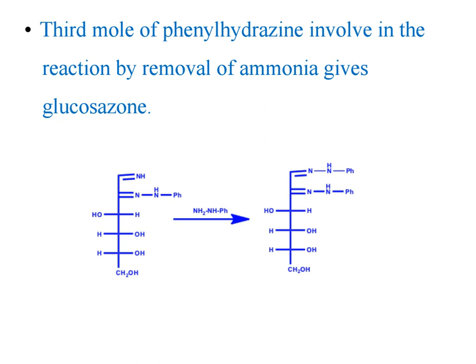The third mole of phenylhydrazine reacts with the first carbon and this bond is polarized to here. As a result, NH becomes NH2 and nitrogen attacks this carbon. After that, NH2 leaves as ammonia by taking hydrogen from phenylhydrazine, and it is converted into glucosazone.